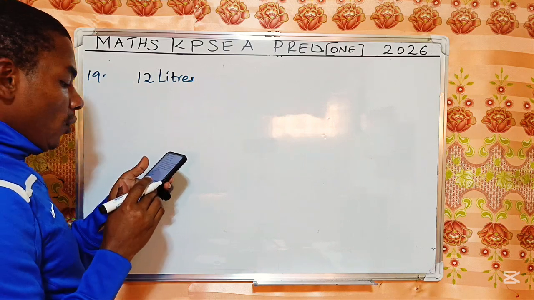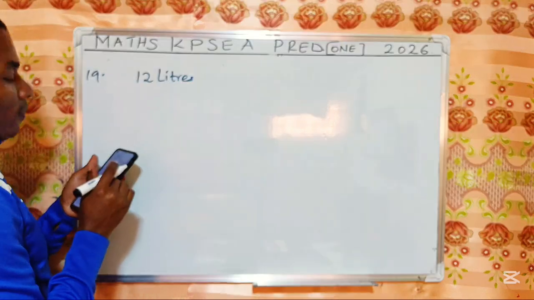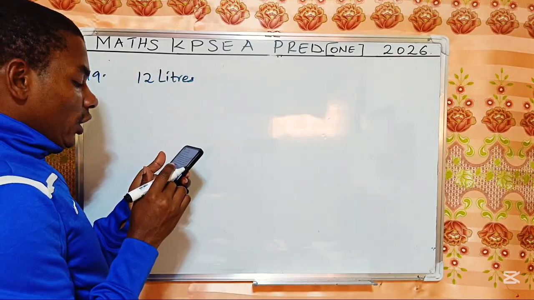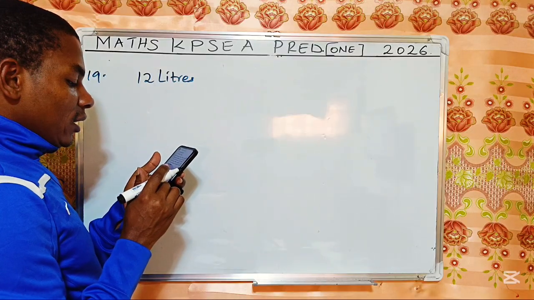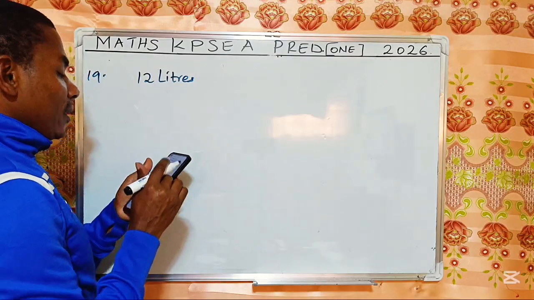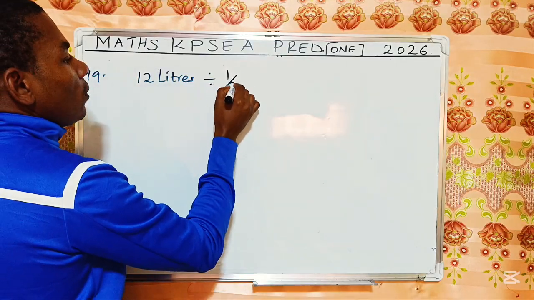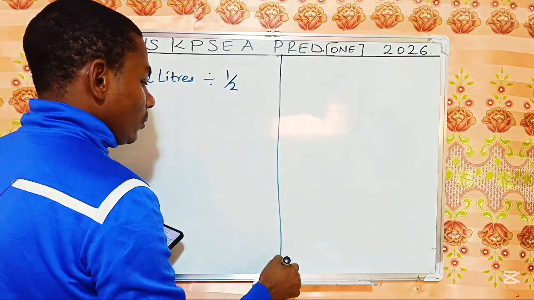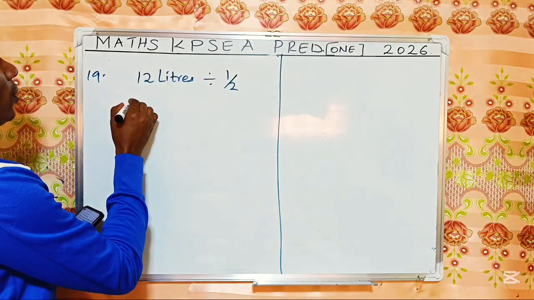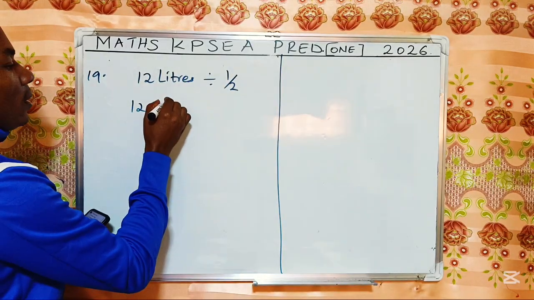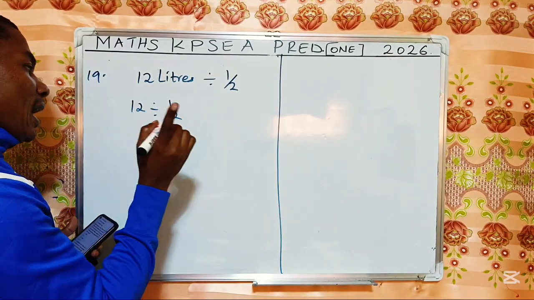So you take this one, you divide it by 1/2. So 12 divided by 1/2, which is half.